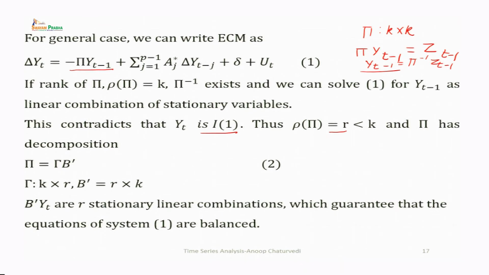If r is less than k, you can write pi in this form. Pi has this kind of decomposition, pi equal to gamma B transpose, where gamma is k by r and B transpose is r cross k.